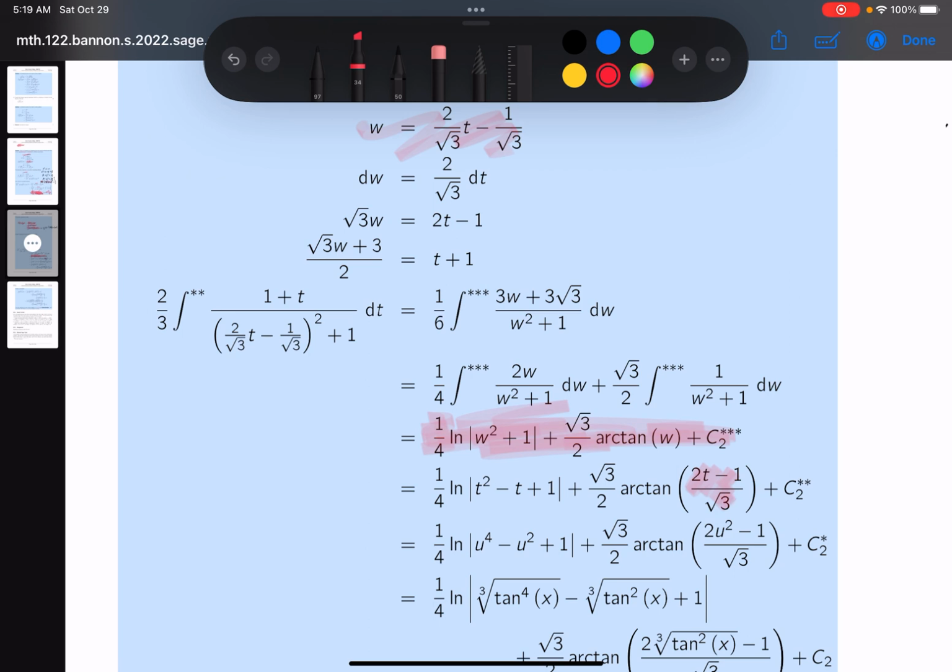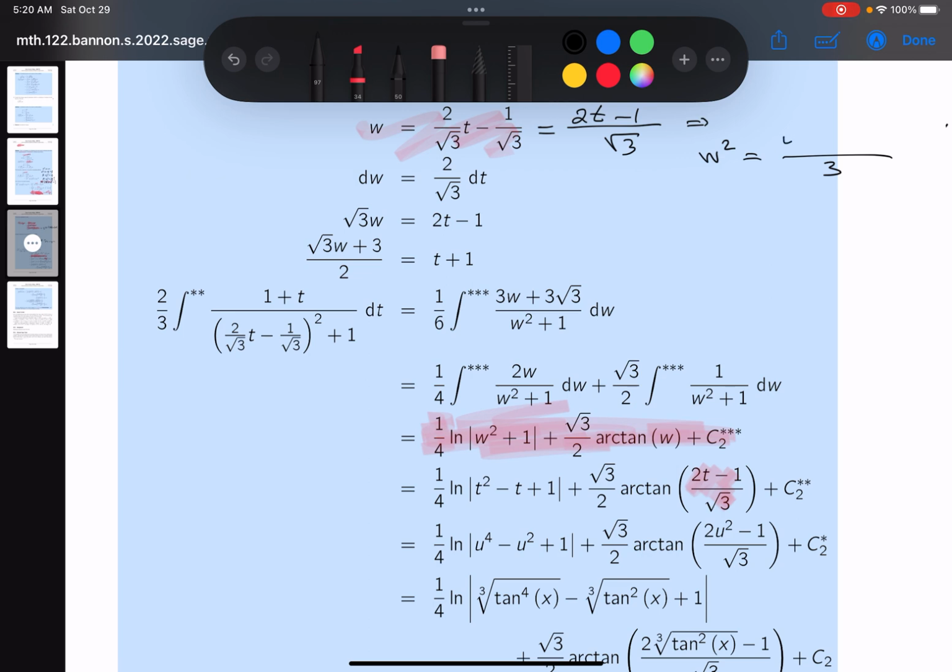And, ooh, this is going to be a tough one. So I gotta do the w² now. All right? So what's w²? Well, w is going to be (2t − 1)/√3. And if you were to square that, w² would equal, there would be 3 in the bottom. And what do you get on top?